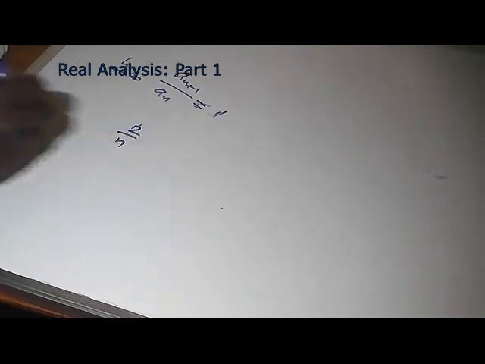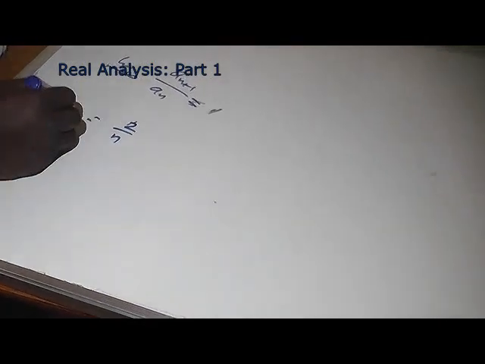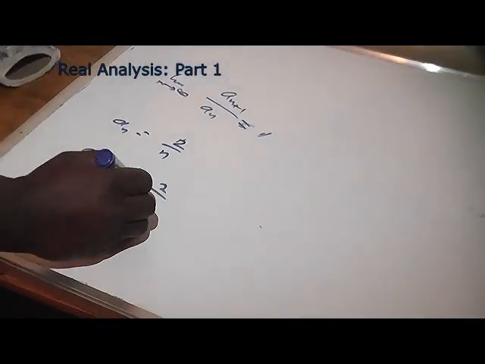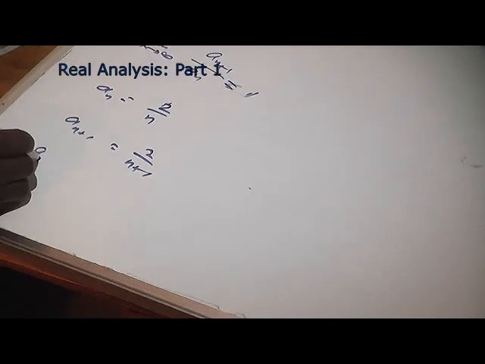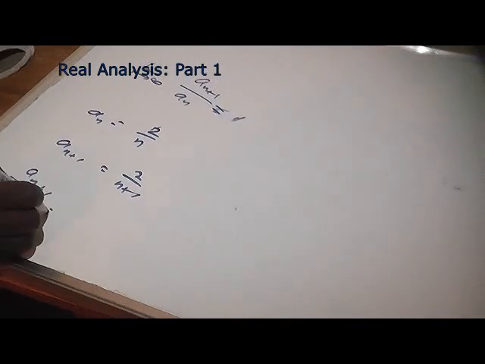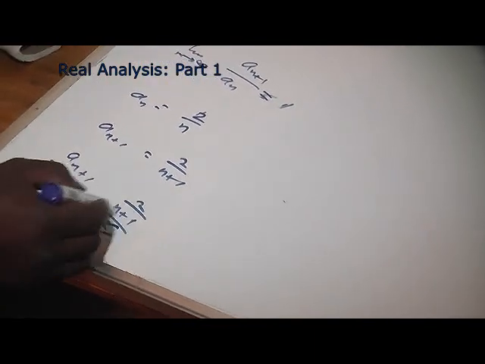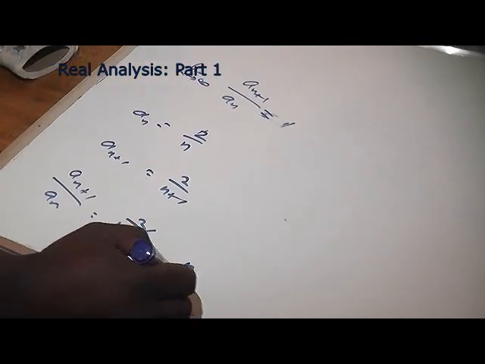And we take an example of maybe 2 over n. If this is an, then an plus 1 will be 2 over n plus 1. An plus 1 over an will be 2 over n plus 1 over 2 over n. This will go, you have n over n plus 1.